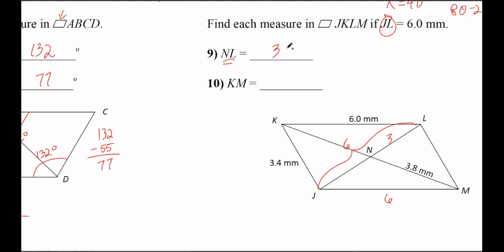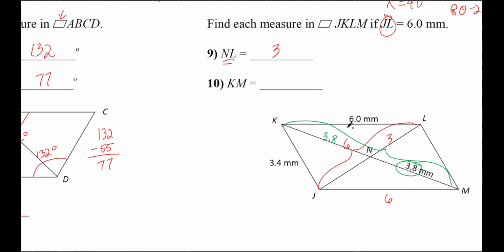What about KM? Let's find KM. Let's do this in a different color. KM is that whole thing right there. That's what you're trying to find. Well, what do you know about this? You know this little bit right here, N to M, is 3.8. What is it then from K to N? It's 3.8. That's right.